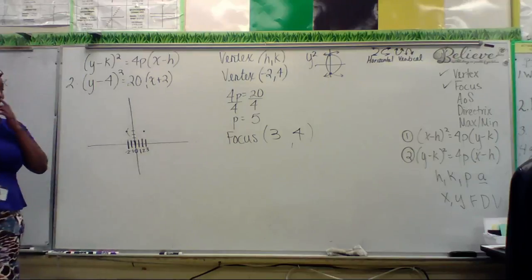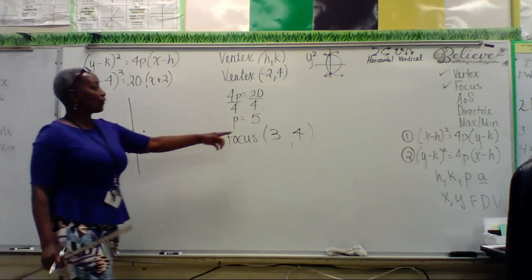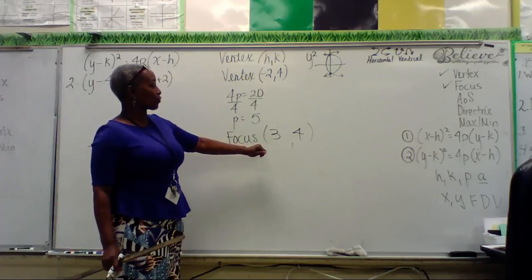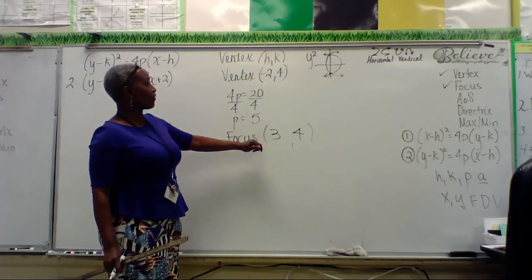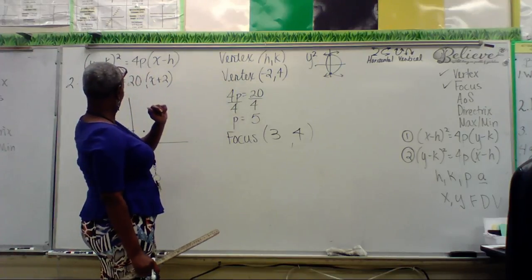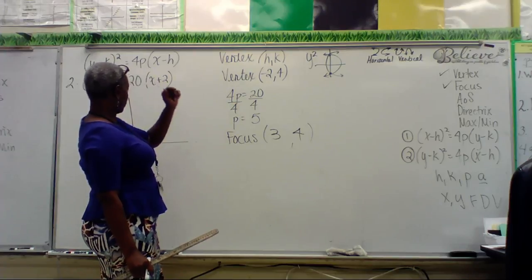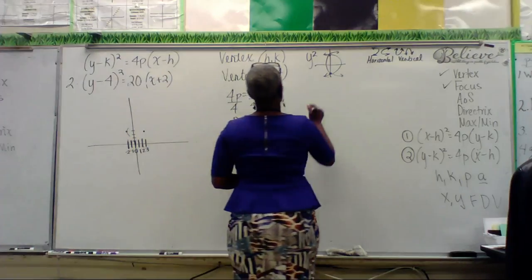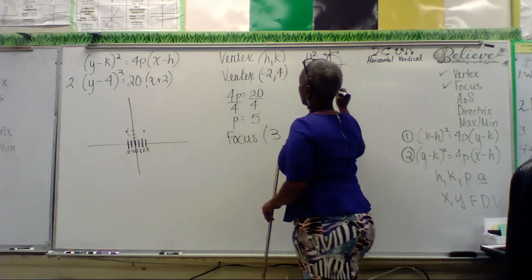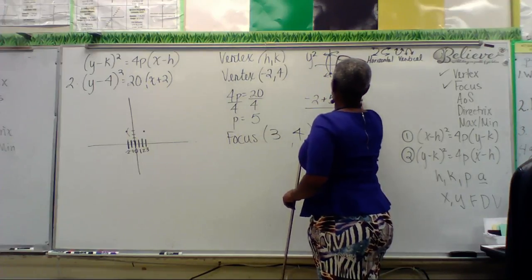Now, remember when we talked about the concept? We talked about K plus P and K minus P and so forth. In order to get a positive 3 here, this one would be the X value. A -2 plus 5 will give you what? 3.